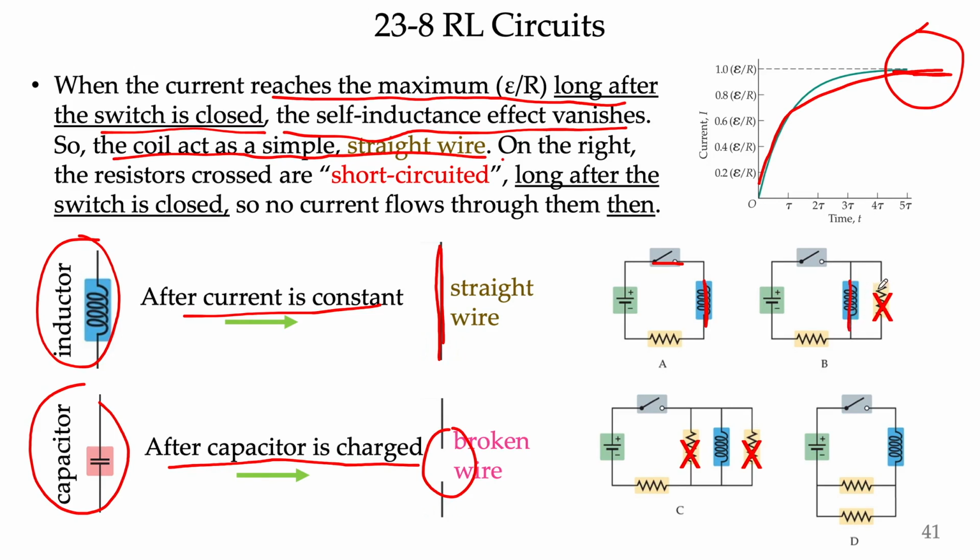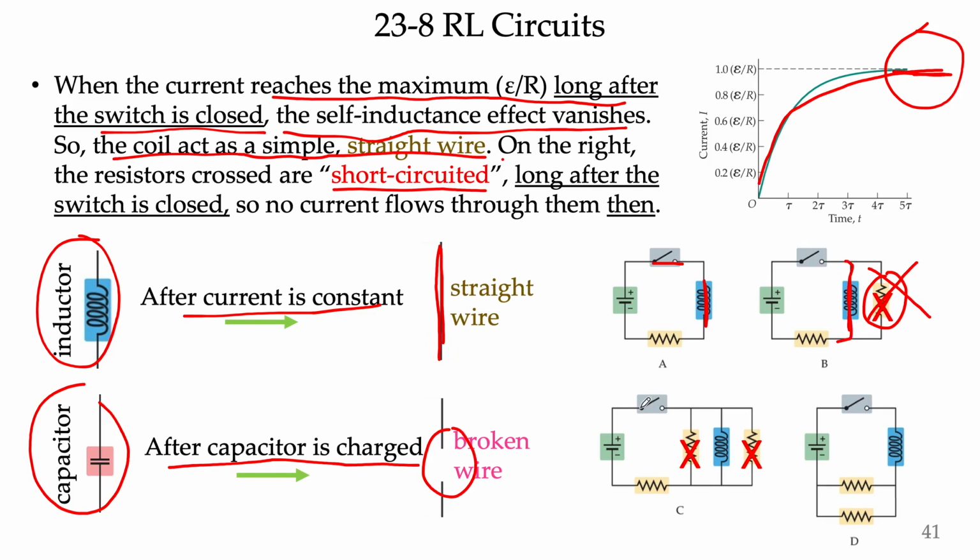Then it short circuits the resistor here, right? If there is a straight wire, the current will prefer to go through it instead of a resistor. So it's short circuited, there is not going to be any current on this resistor, and all the current will go through this coil because it acts as a straight wire.